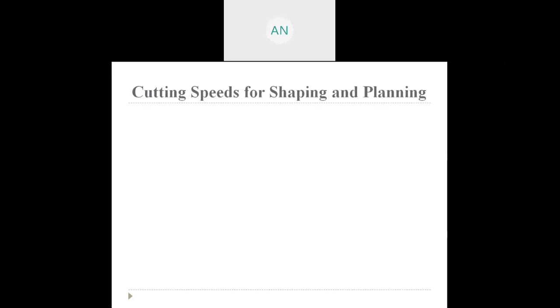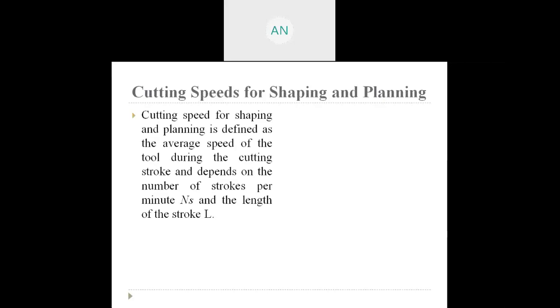Let me switch over to the planing as well as the shaping process, right? How is the cutting speed calculated there, and how does it differ from the calculation we used for drilling and boring?